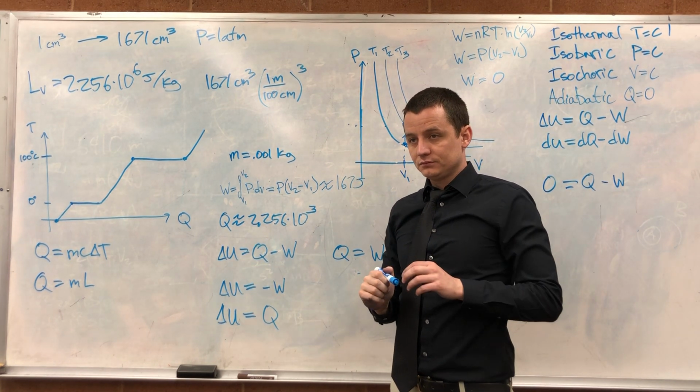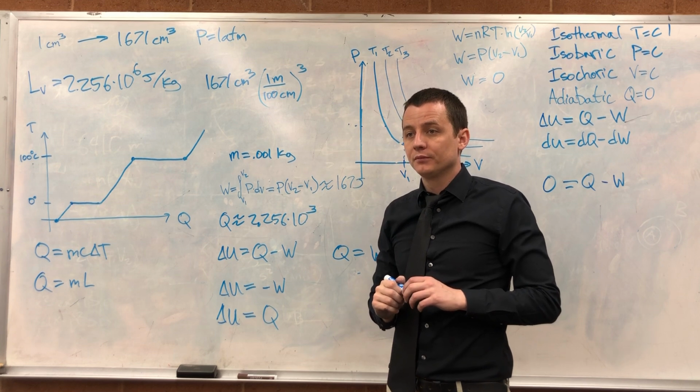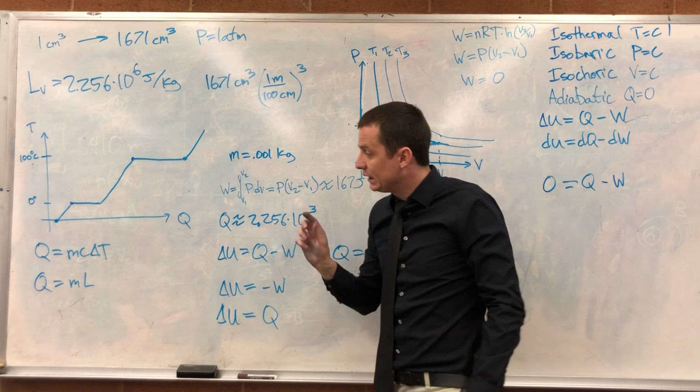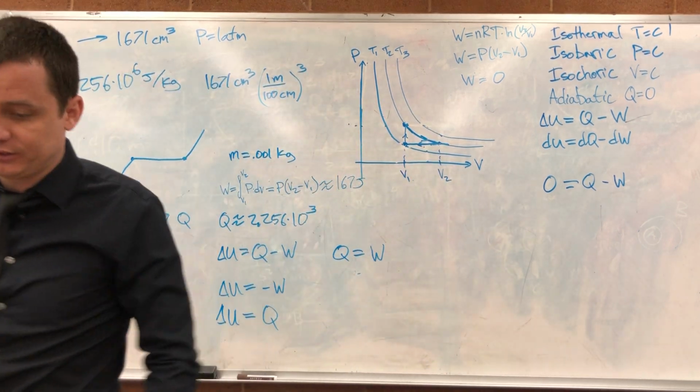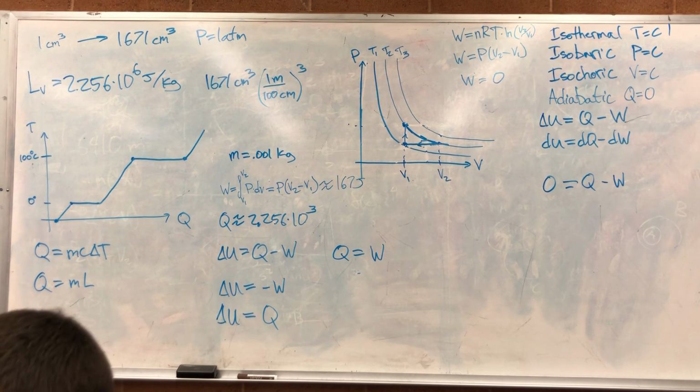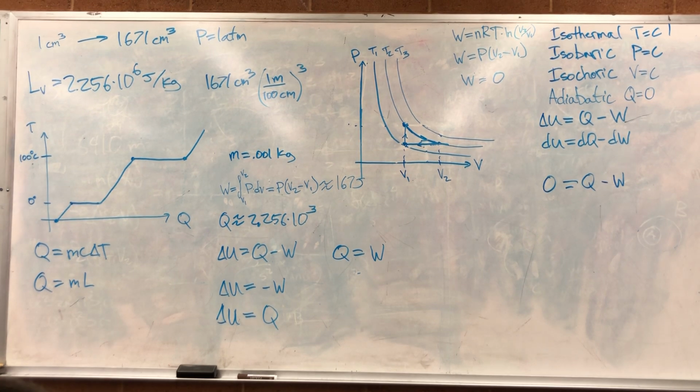Remember, temperature is somehow a gauge of how much energy is in the system. So for isothermal processes, our work is equal to our energy. Our change in internal energy is 0.